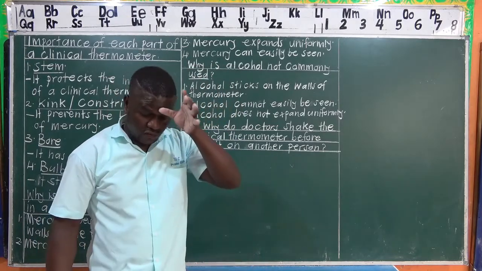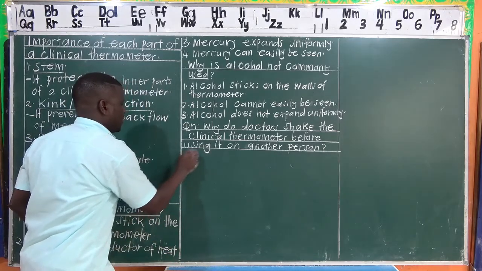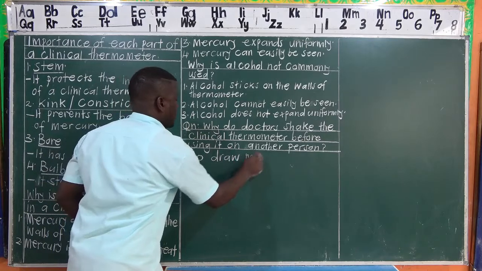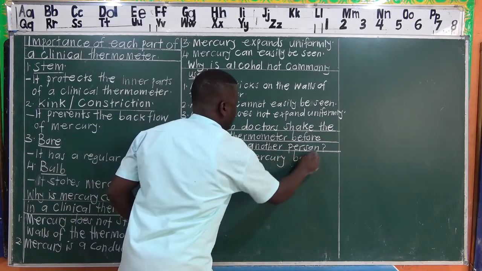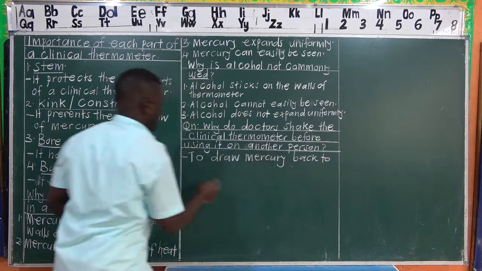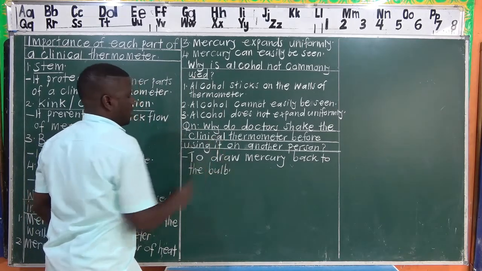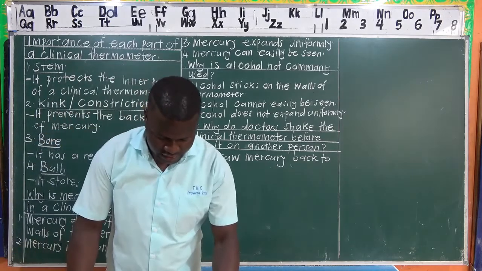The reason is to draw mercury back to the bulb. That's why they have to shake.